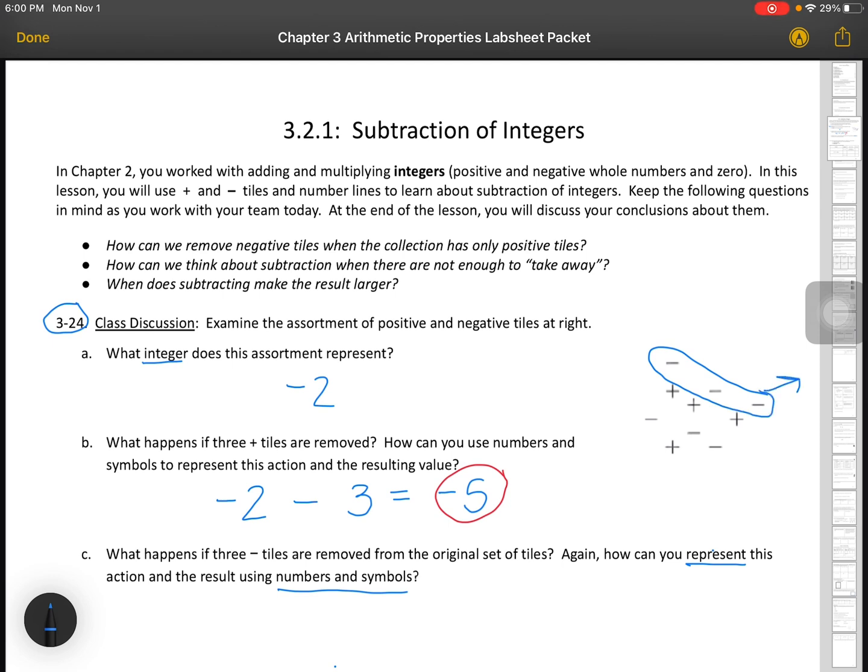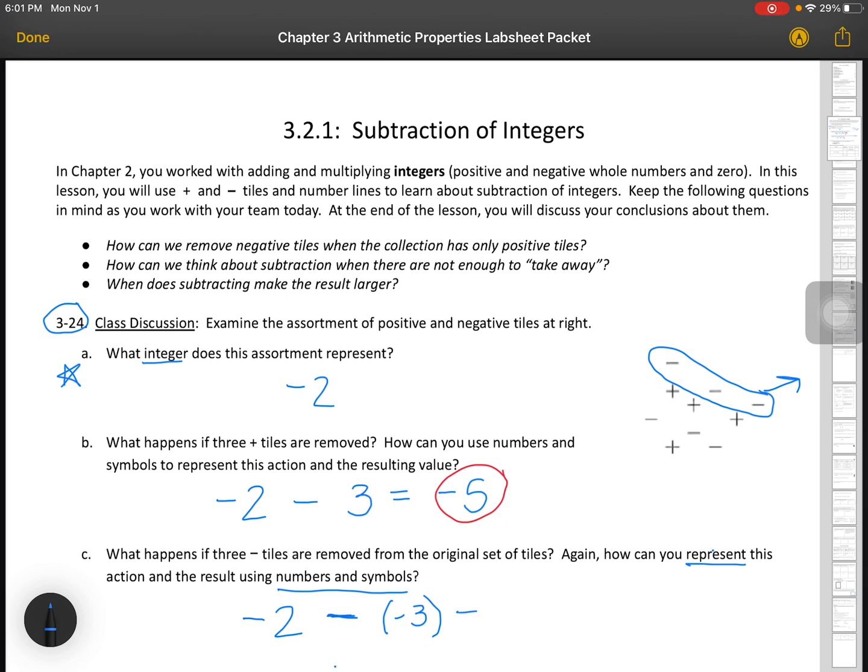So ultimately, I started with, again, a -2. This is what we did up here in problem A, is we identified what does this assortment represent. We know it means -2. So I started with a -2, and now I'm taking away, so we know that's subtraction, a -3. And watch how I'm going to put this -3 in parentheses just to separate those negative signs so we don't get confused.